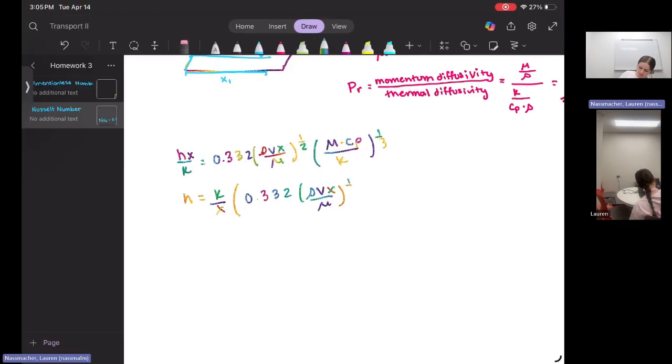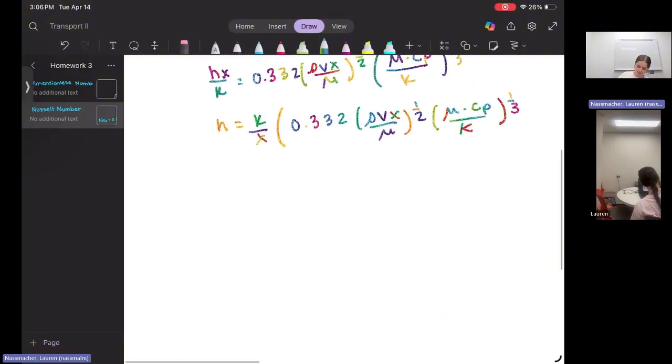This is the equation that we're looking at right now in order to find how to maximize the heat transfer coefficient. Now let's multiply everything and expand it out.